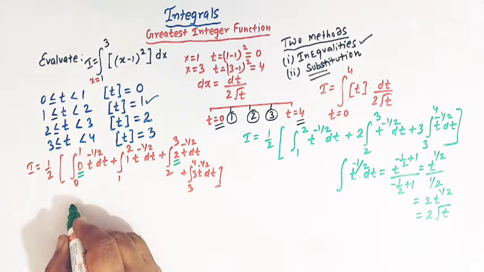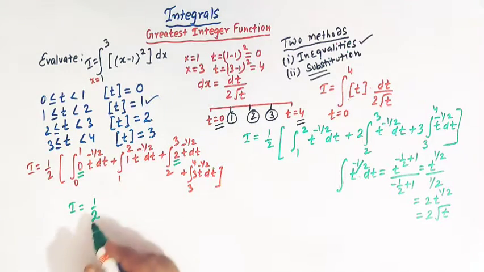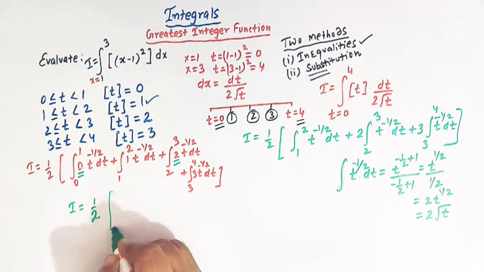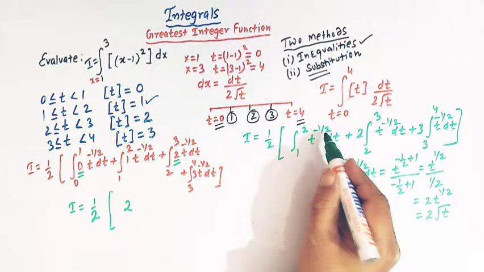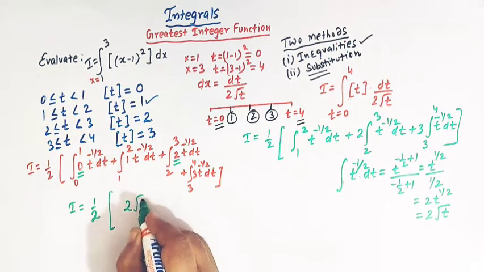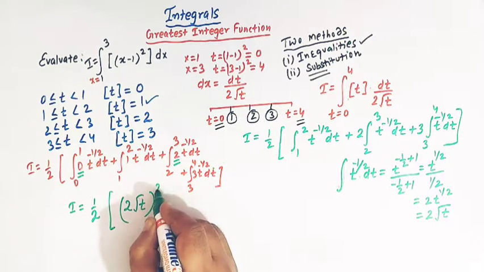So here now this integral I can be written as half, and then we have 2 times the integral of t raised to minus half, which is 2 root t, and the limits of integration are from 1 to 2.